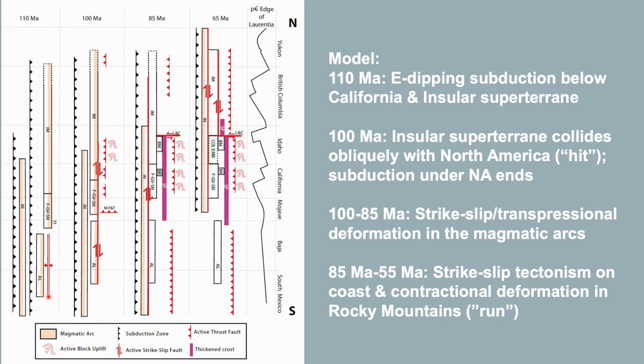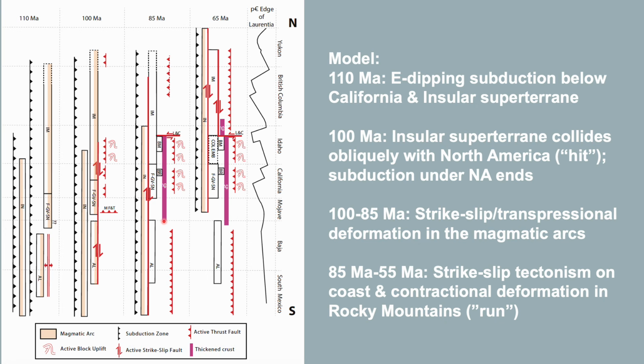On the right-hand side shows where you are on the margin: from Mexico, Baja, Mojave, sort of Central California, Idaho, British Columbia, and so forth. Prior to that, you've got two subduction zones going, but you shut off the one under North America as the insular terrane collides, and that basically is the hit.